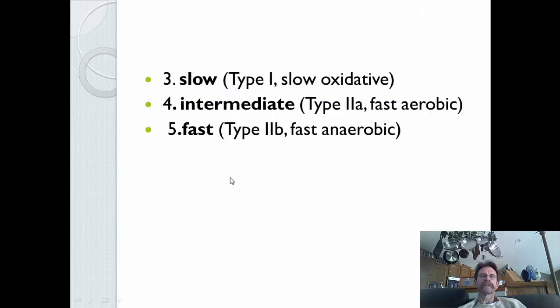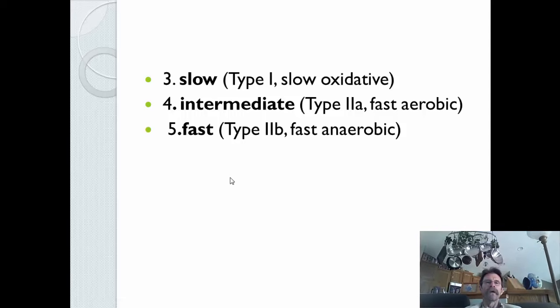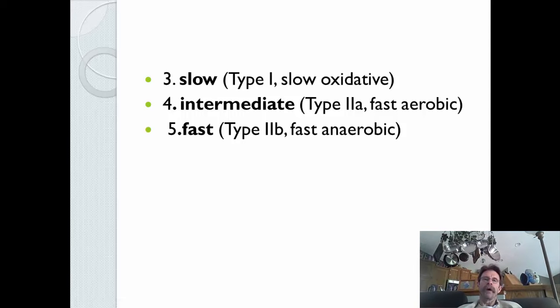Here they are. One type, type Roman numeral 1, is a slow fiber, sometimes called slow twitch fiber. It's a slow twitch muscle fiber cell. Note that it's slow and it's oxidative, meaning that it needs more oxygen.